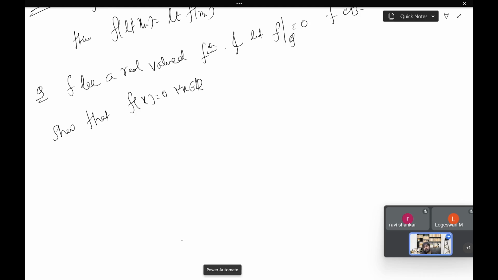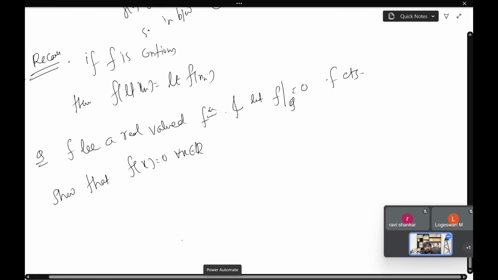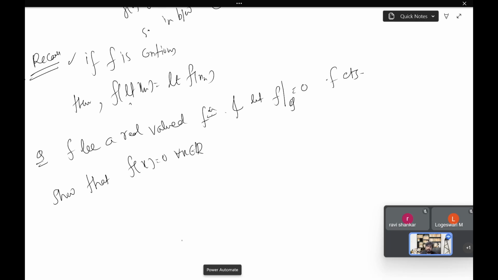So the point is that here you need to use this following fact: if a function is continuous, then we can put the limit outside by taking it from inside. That is, f of limit n tends to infinity x_n is equal to limit n tends to infinity f of x_n. Now in this solution, if we choose any x from the real numbers, there is a sequence of rational numbers r_n that goes to x due to the density property.